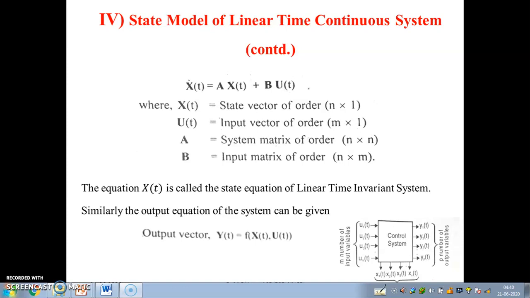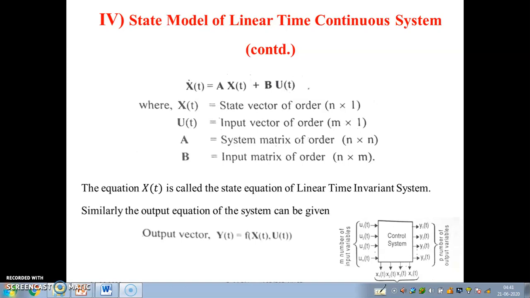Just recollect the block diagram representation of a control system in state space, which comprises m input variables, p output variables, and n state variables.